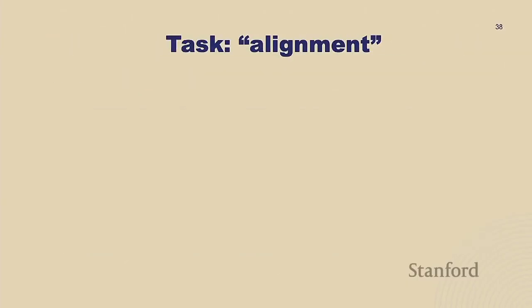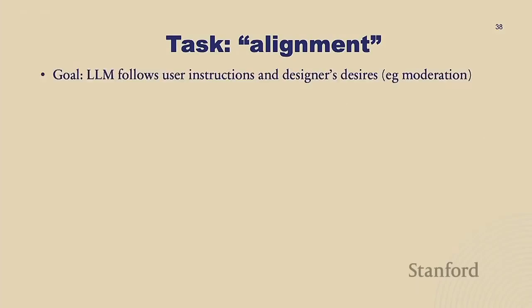So how do we do this alignment, which is this post-training and making these models assistants? The goal of this alignment is to basically get LLMs to follow the instructions that are given by users, and maybe some designers' desires. So think about moderation. OpenAI definitely doesn't want their model to say stuff that is very toxic.